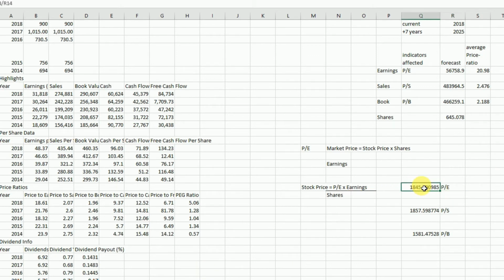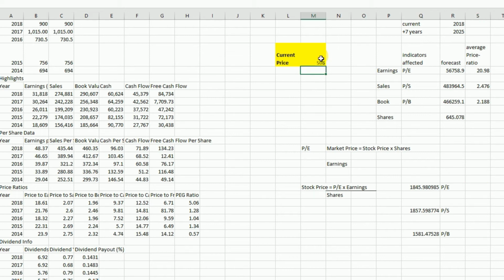Now, why is this important? We will now make use of this, and we will input the current price, which we will put here, current price. The current price of the stock, we will make it colorful so that we will not forget. Then we will compare that current price to the price forecasted 7 years from now.